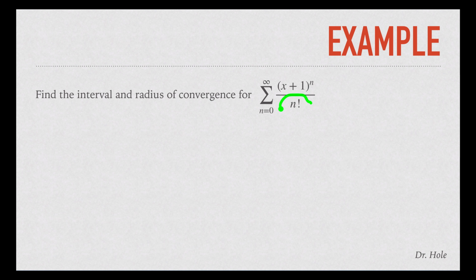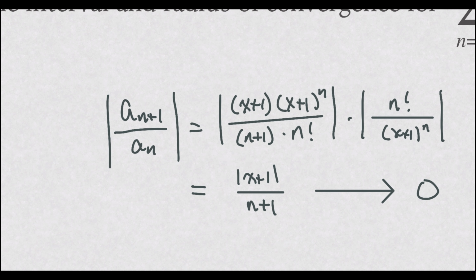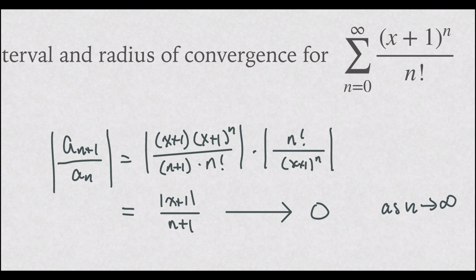Okay, so now let's make it a little bit more interesting with an n factorial competing against the exponential in the numerator. All right, well, it's a computation. It's a ratio test. Make sure we can see what our a sub n's are. So this guy here is a sub n plus 1.